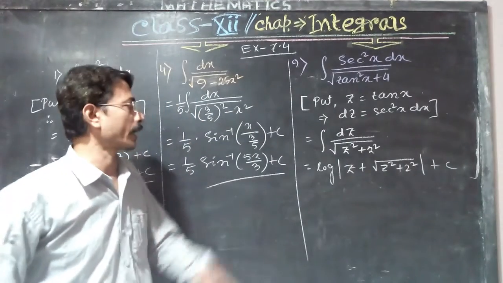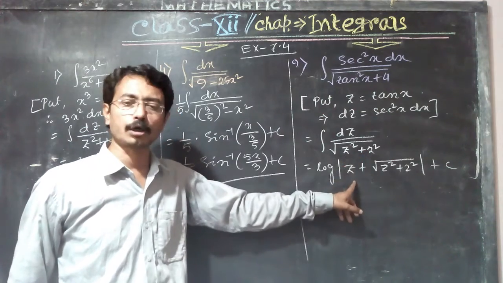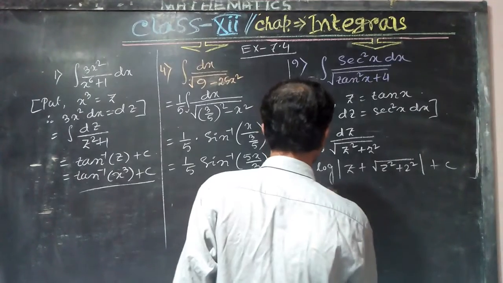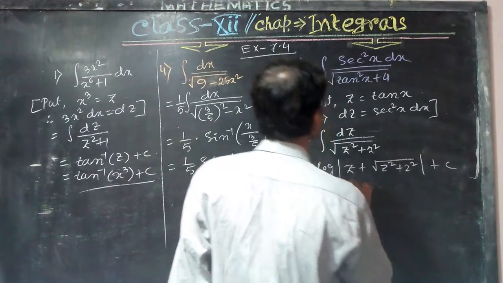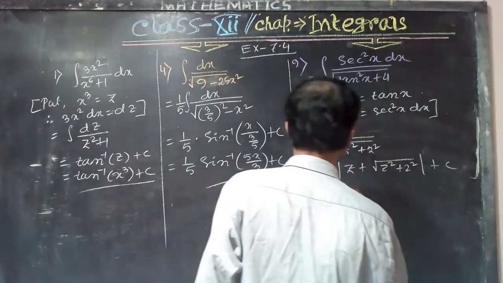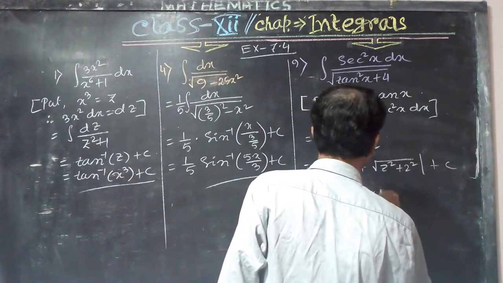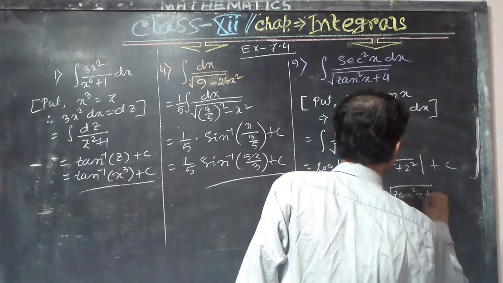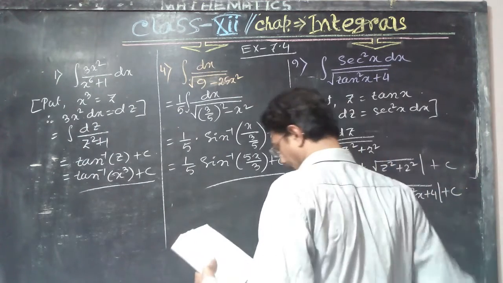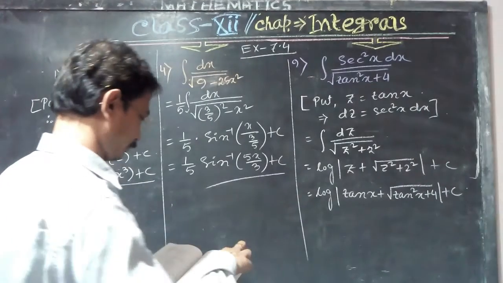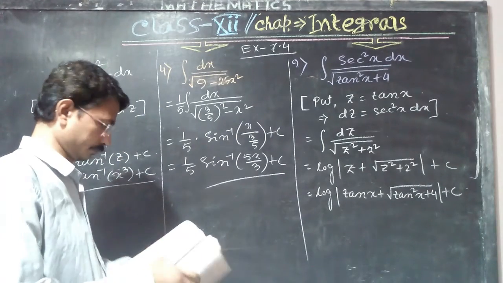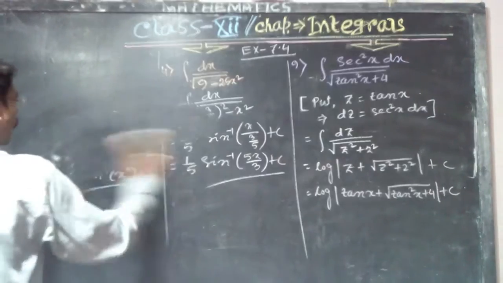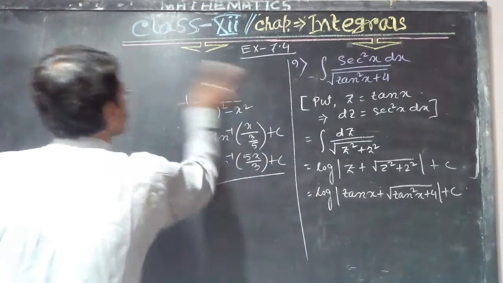Dx by root over x square plus a square equal to log mod x plus root over x square plus a square plus c, equal to log mod z, which means tan x, plus root over tan square x plus 4 plus c. Now, I think you understood, everybody.